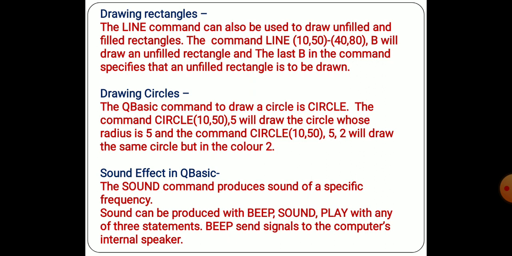Sound effect in QBasic. The SOUND command produces a sound of a specific frequency. Sound can be produced with BEEP, SOUND and PLAY, any of these three statements. BEEP and SOUND send the signals to the computer's internal speaker.